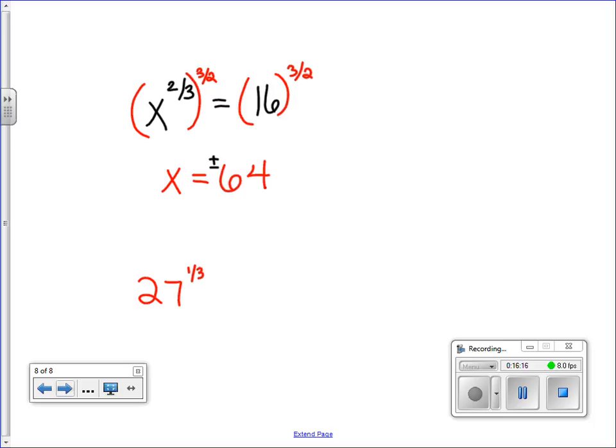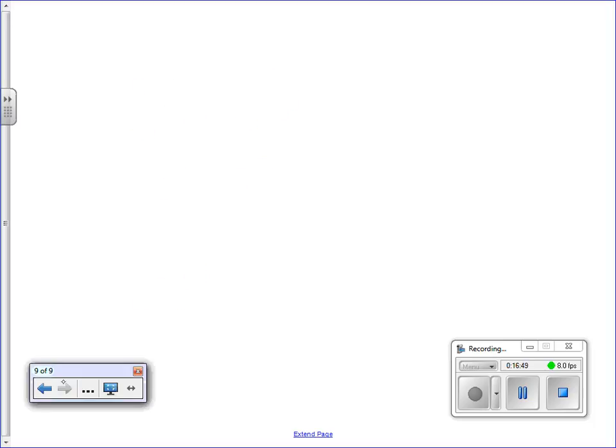Negative 27. So do I need to do it on odd number denominators? No. You need to do it on even number denominators though. Because if it was a second root, a fourth root, a sixth root, then you've got an even amount of negatives being multiplied, and a negative times a negative is going to make it a positive. So if you've got one of those even number roots, you're going to have to do this plus or minus thing on it. Okay?